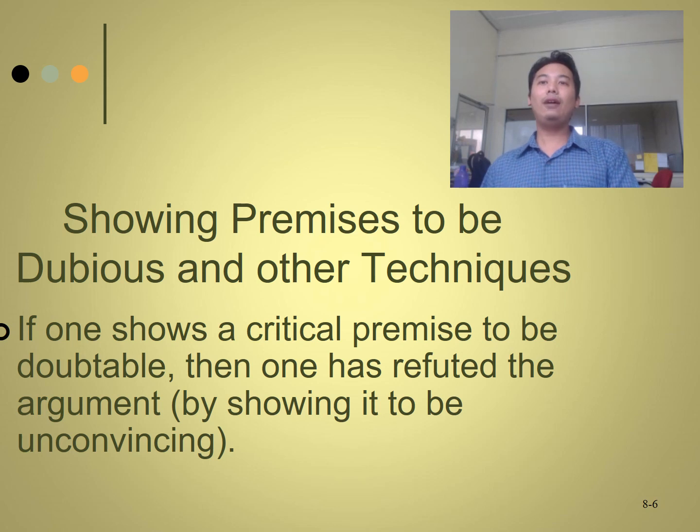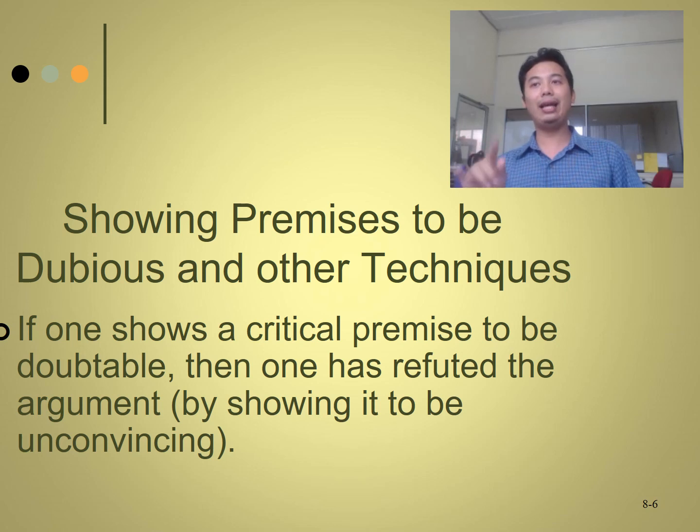So if one shows a critical premise to be doubtable, then one has refuted the argument by showing it to be unconvincing. Here, the key element is that you are showing that the critical premise is doubtable. If it is a premise which is not a critical one anyway, then we can still accept the conclusion as being so and so.